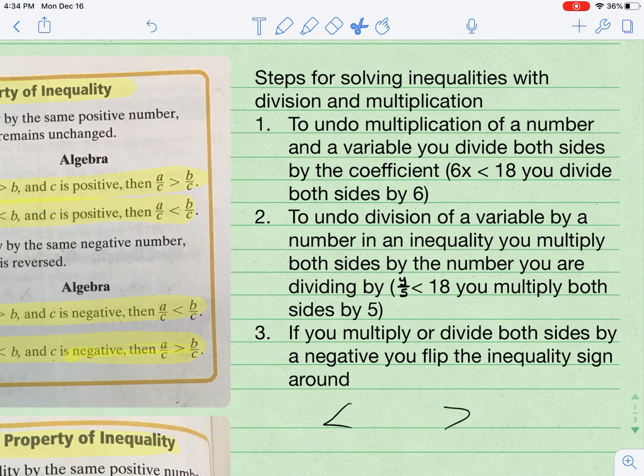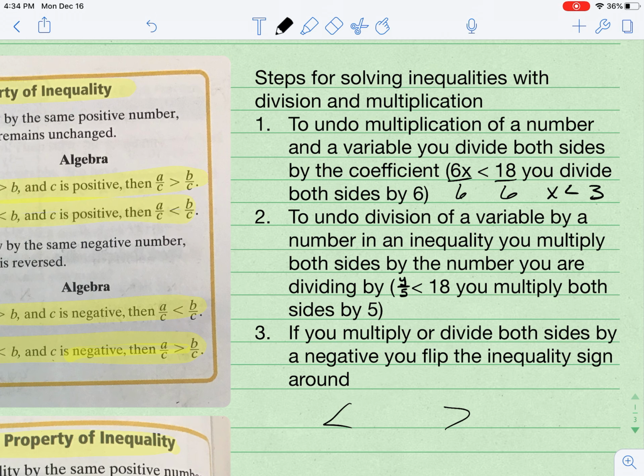So if 6x is less than 18, you divide both sides by 6. 6 divided by 6, and you'd get x is less than 3. We divided both sides by the coefficient, or the number we're multiplying the variable by.